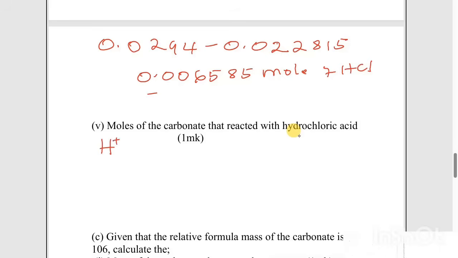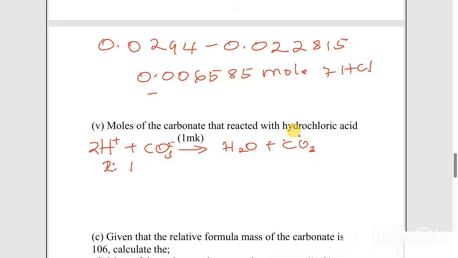We have not been told, but it is important you know. Hydrogen ions in HCl will react with the carbonate ions in the carbonate to form water and CO2. This water has 2 hydrogen, therefore we need to put 2 here. So this means that the ratio is 2 to 1. The hydrogen ions are twice, the carbonate is 1.